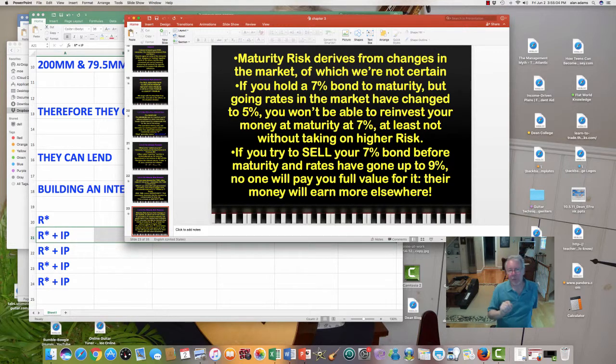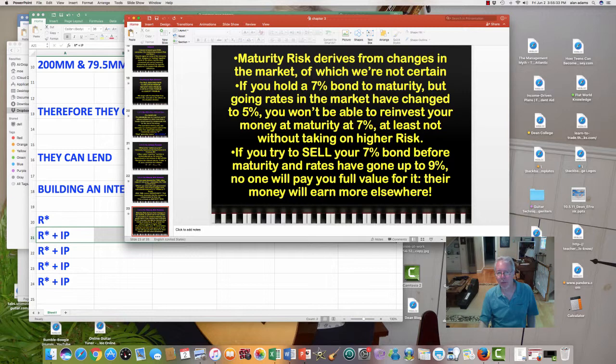And now, several years in the future, you want to take that 7% bond once it matures and you want to reinvest it, and you look around and there are no 7% bonds to be had. There's the maturity risk. The fact that you might have a bond maturing and you look around to find a place in the market to put it at the same rate and you can't find one. All right, that risk entitles you to a premium right now, okay?